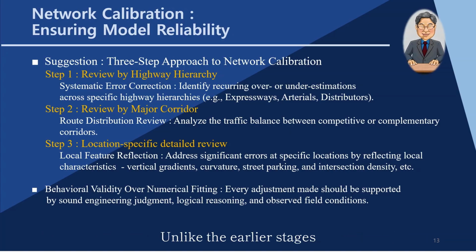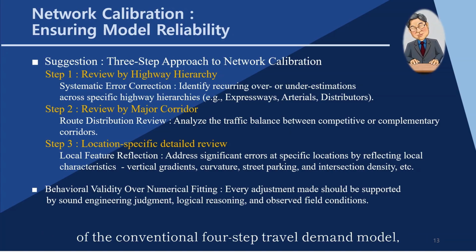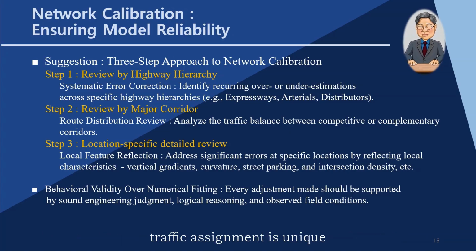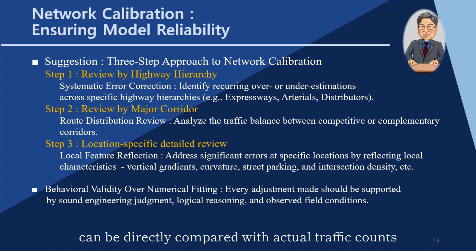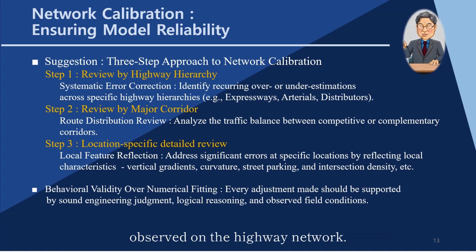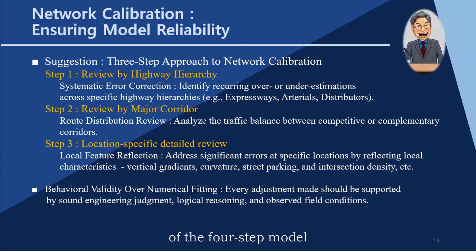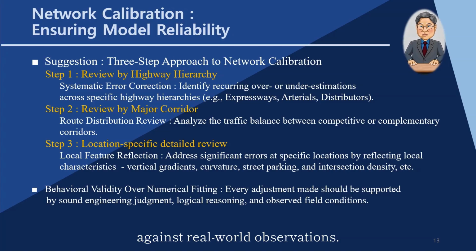Unlike the earlier stages of the conventional four-step travel demand model, traffic assignment is unique because its outputs, link traffic volumes, can be directly compared with actual traffic counts observed on the highway network. This makes traffic assignment the only stage of the four-step model that can be validated directly against real-world observations.